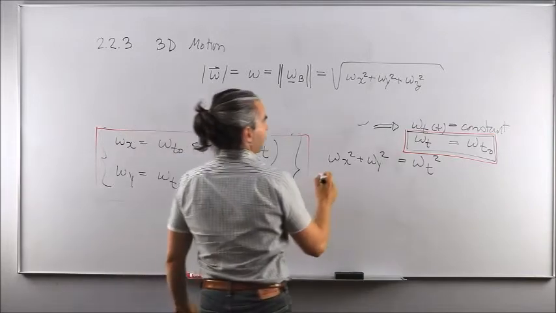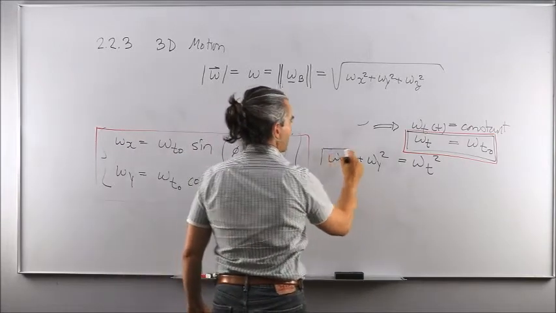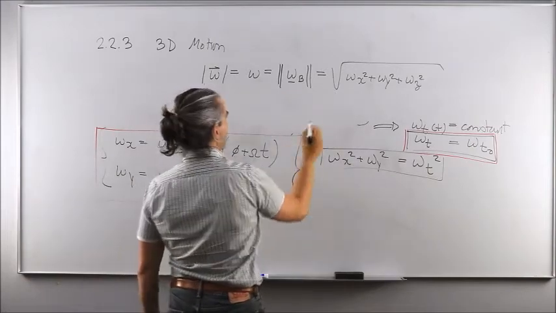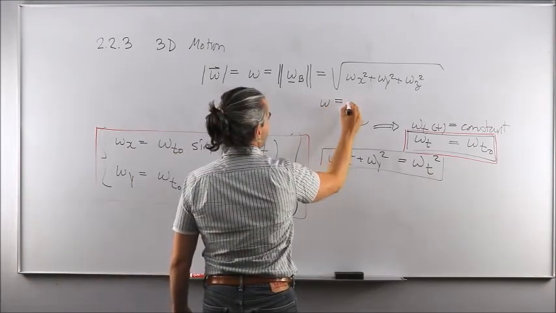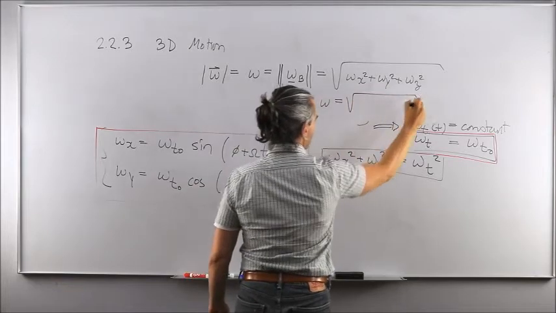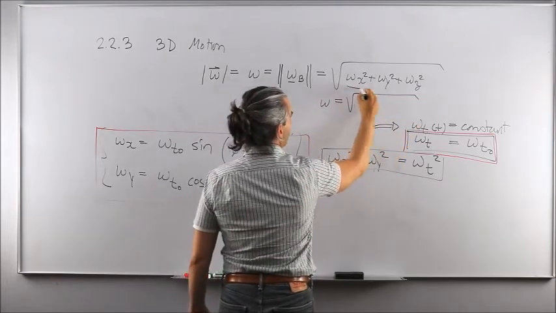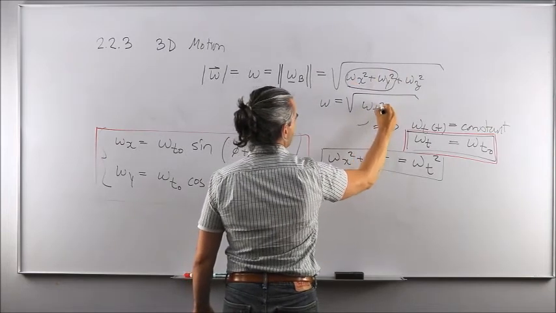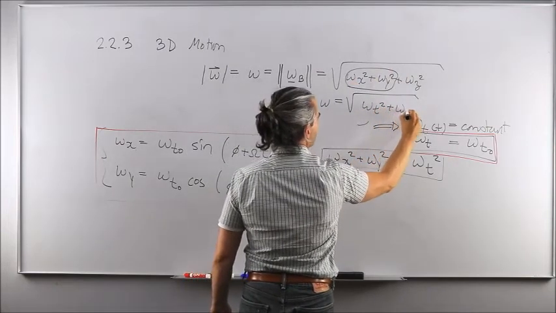But we know from this, which was actually coming from even earlier, that omega is actually the square root of omega t squared plus omega z squared.